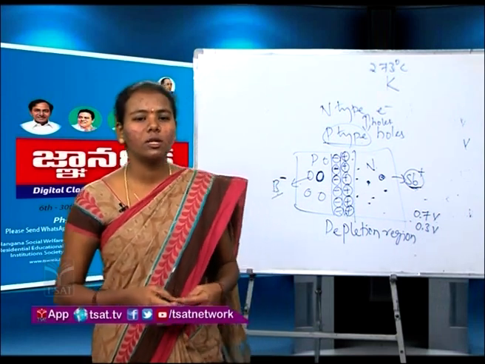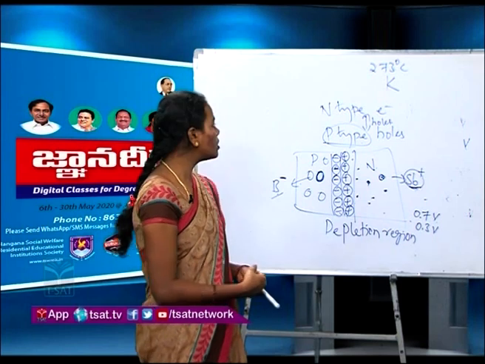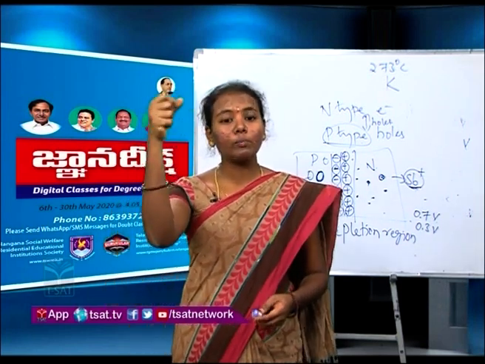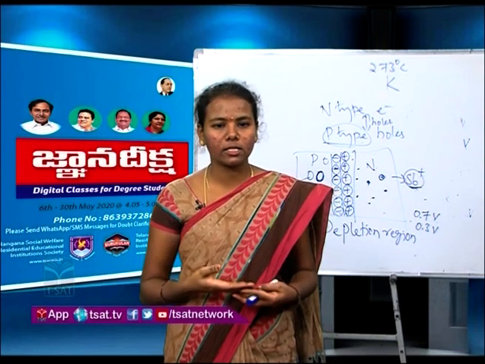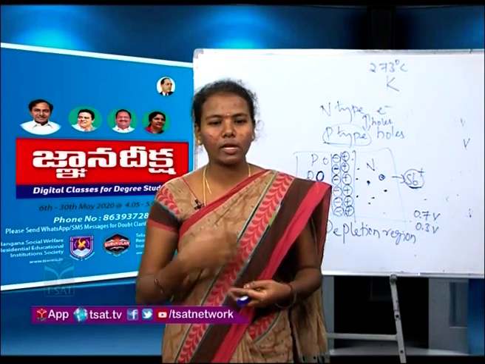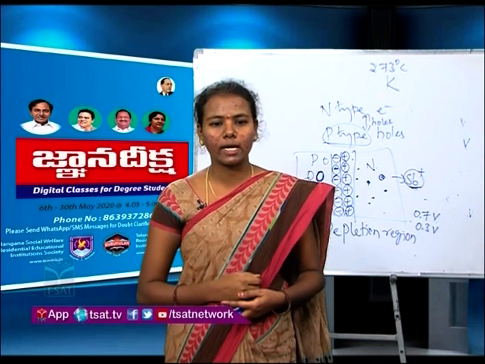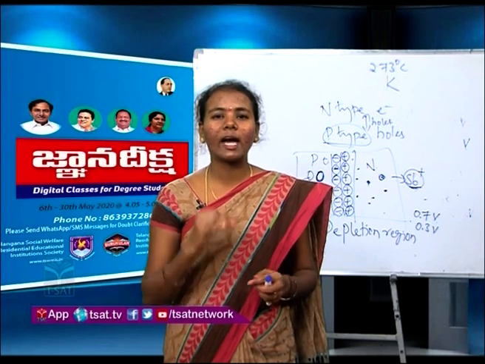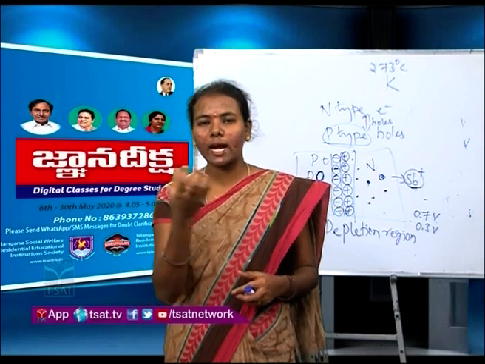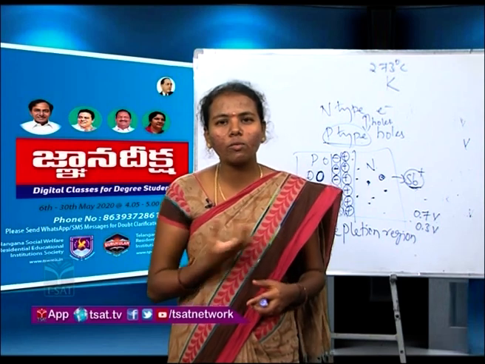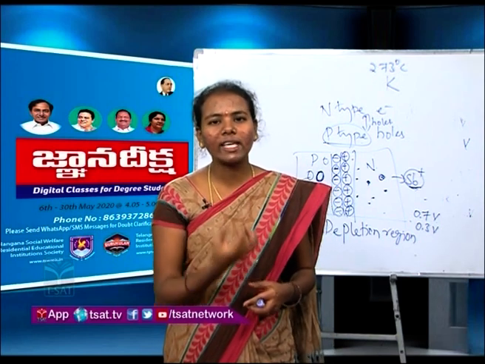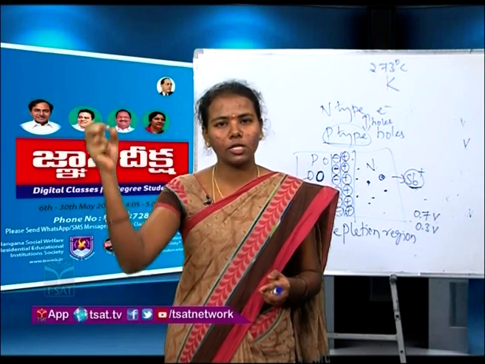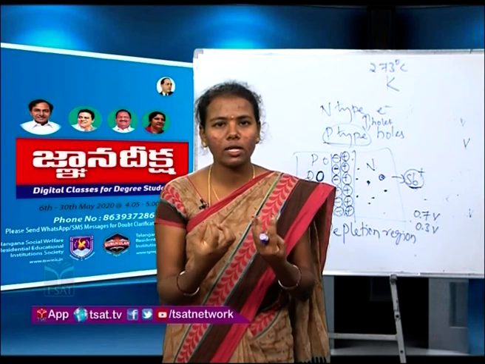Because we have seen the doping process, right? In the doping process we need to add impurity atoms into the silicon structure, using different methods like ion implantation. All these things happen at higher temperatures, because the impurity atoms have to be added uniformly over the crystal, so that they settle down.